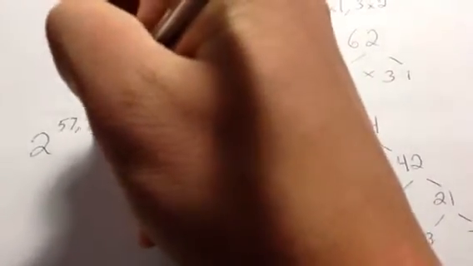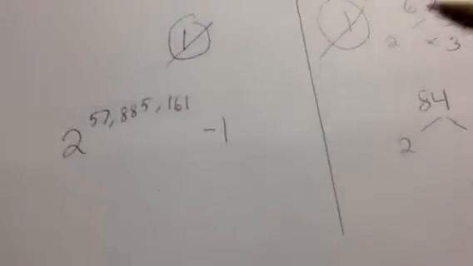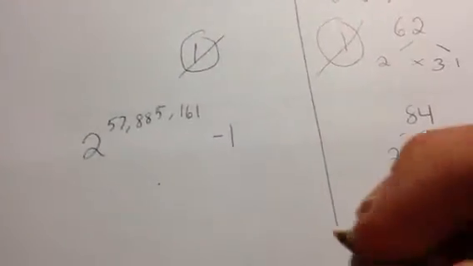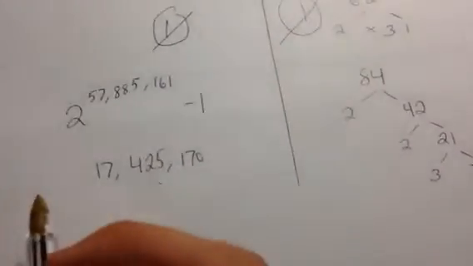This number is 2 to the 57,885,161st power minus 1. That may seem like a large number until you realize that it has 17,425,170 different digits.